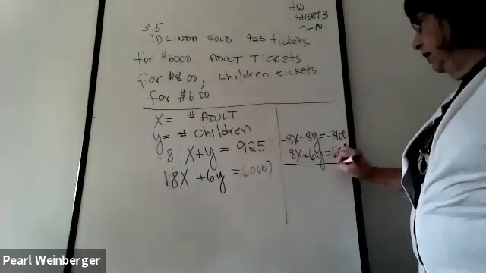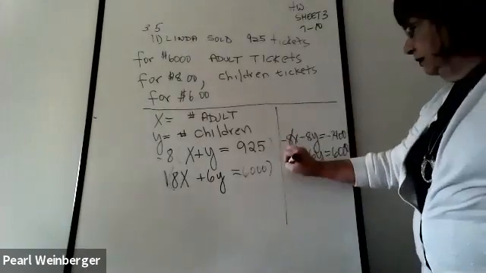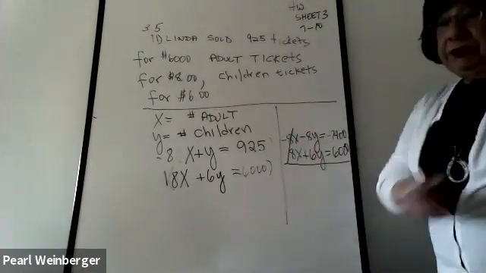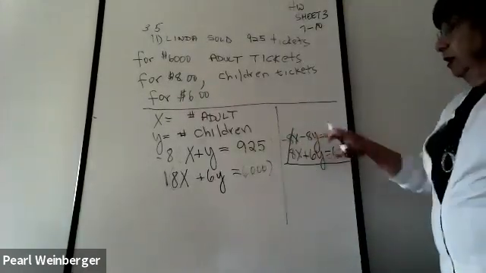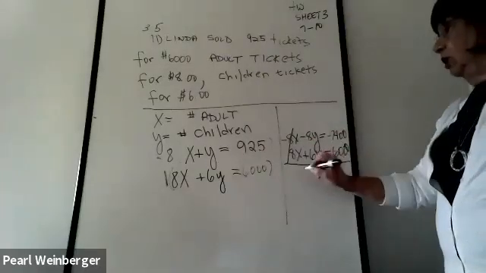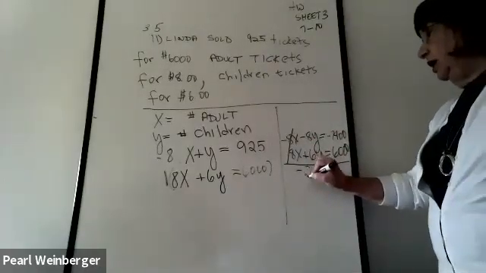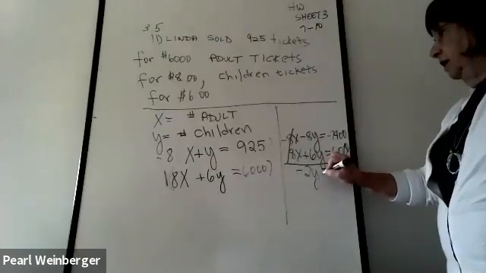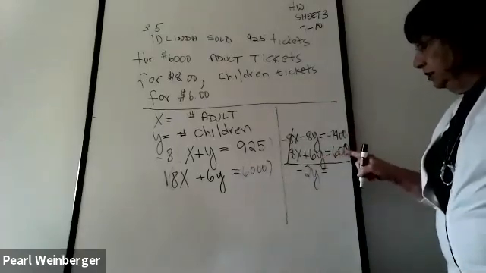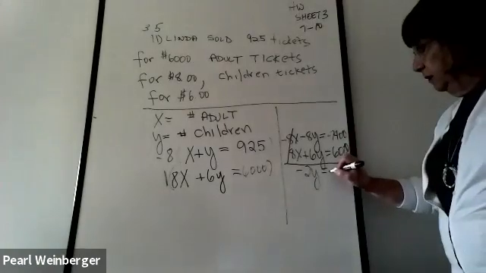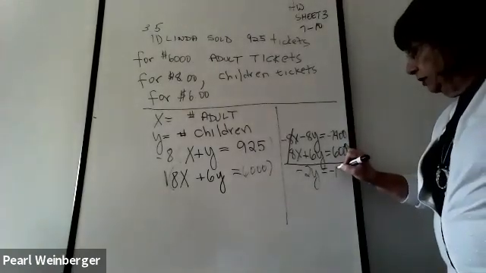And now I add these two equations together. The x's are eliminated. We're using the elimination method. The negative 8y and the 6y gives me negative 2y. The negative 7,400 plus the 6,000 gives me negative 1,400.